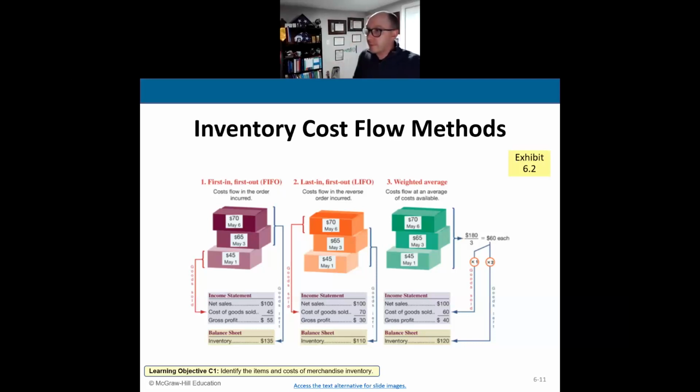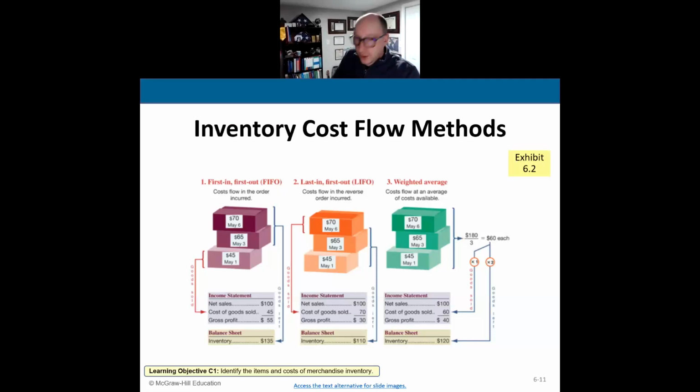Think about things like inflation, the cost of delivery, the cost of insurance. You can buy the same exact product at three different times in the same month and pay different prices each time. That's totally normal in business.